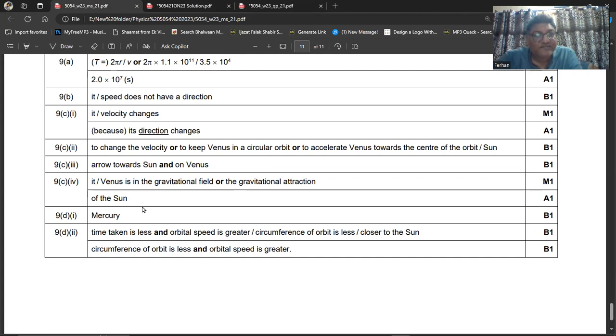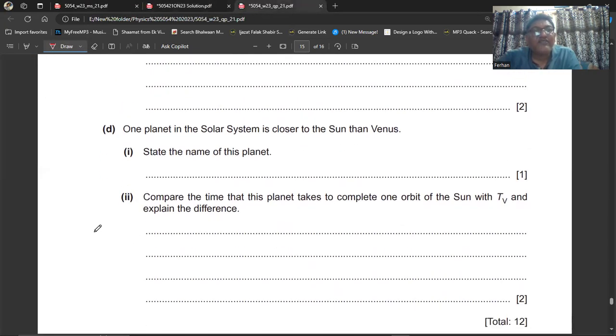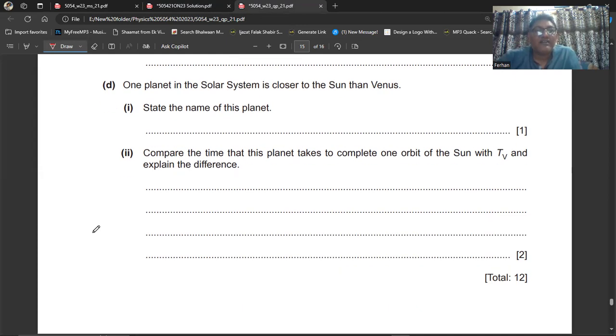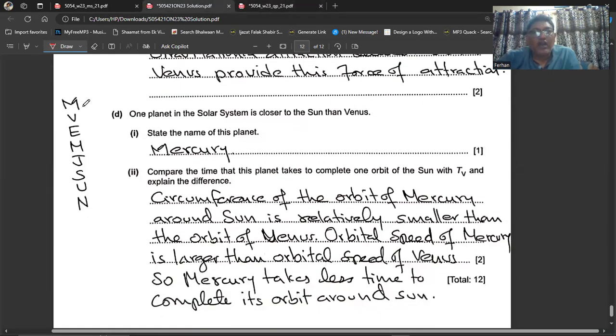Now, then it says one planet in the solar system is closer to the sun than Venus. State the name of this planet. Okay, so how do you remember the order of the planets around the sun?